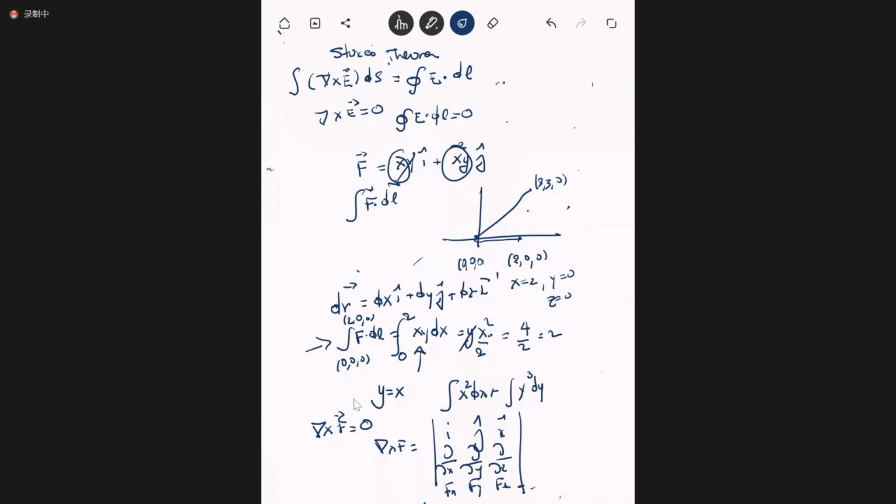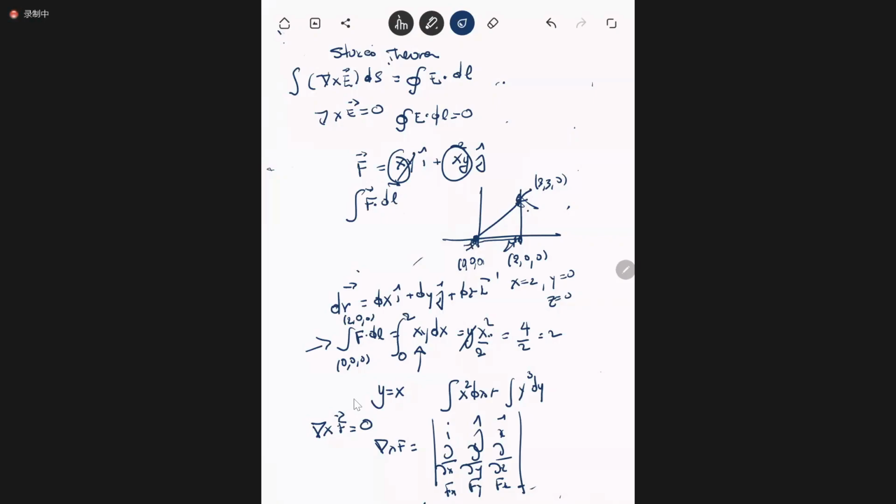The other possibility is that someone tells you that you go from here to there and from there back to here. So practically the work done by moving from this point to this point, and then to this point, and then from this point to that point. In other words, the line integral is a closed integral.